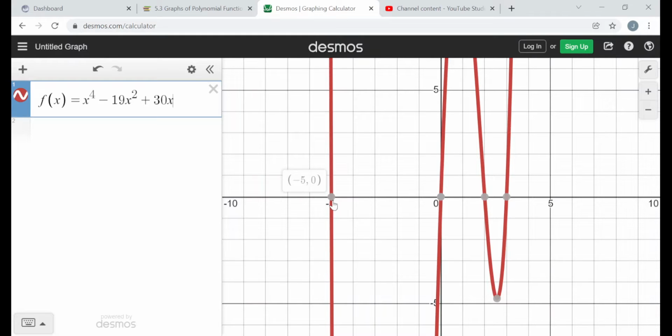In fact, not only does 2 work, but so does 3 and negative 5. We already saw 0 working, but 2, 3, and negative 5 also work, and we can check this.